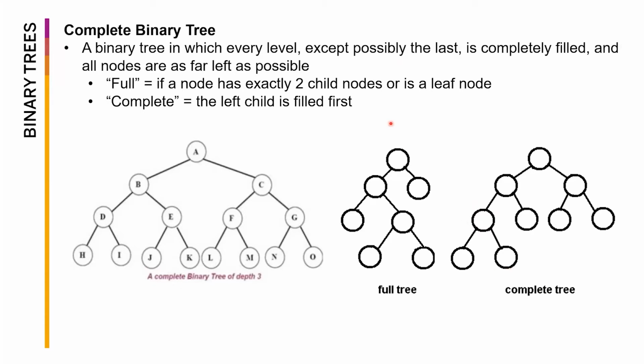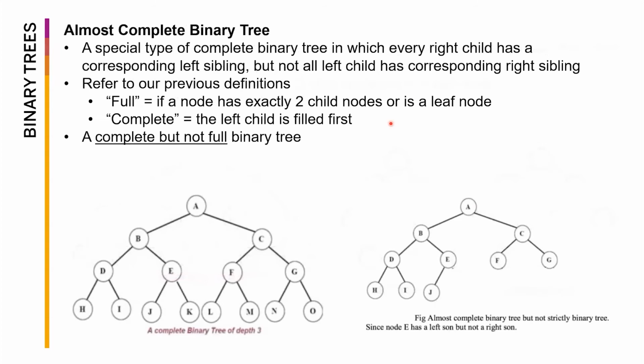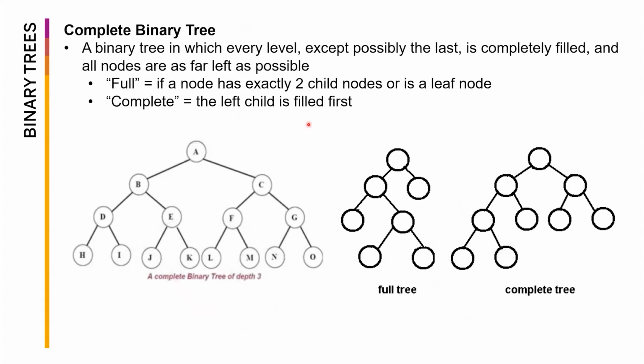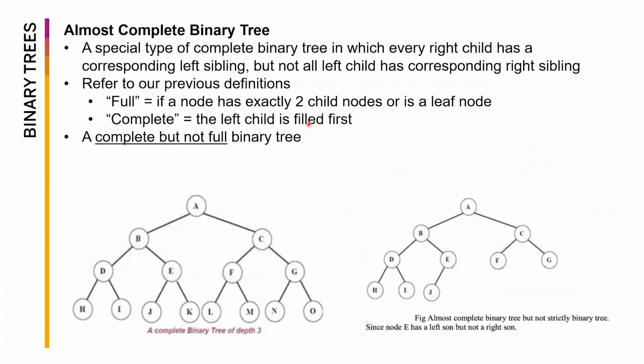Okay, so now we also have another tree, which is what we call an almost complete binary tree. It's a special type of complete binary tree. So the definitions here would still apply, except that the definition of full, we can call it violated.